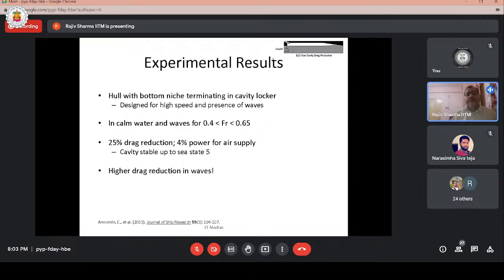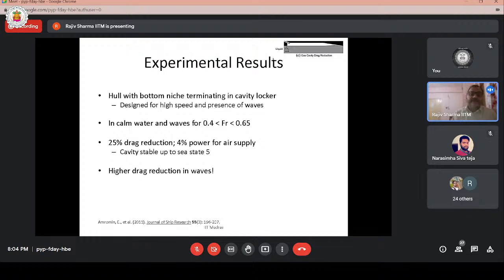Within this 0.4 to 0.65, you can aim for 25% drag reduction, with 4% of power allocated for air supply, and cavities are stable up to sea state 5. And remember that sea state 5 is very low. So we have sea states 5, 6, 7, 8, 9, 10. Normally we operate up to 6, 7, 8. 9, 10 is only the survival state.